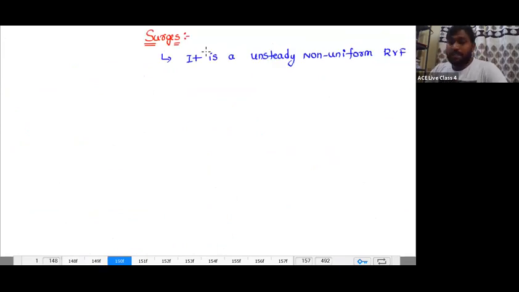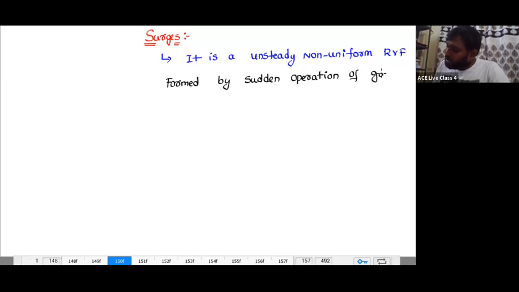So now coming to the surge, it is an unsteady, non-uniform, rapidly varied flow. But how is it going to be formed? It is formed by sudden operation of gates. So you know that the non-uniform, unsteady nature comes by sudden operation of the gates.